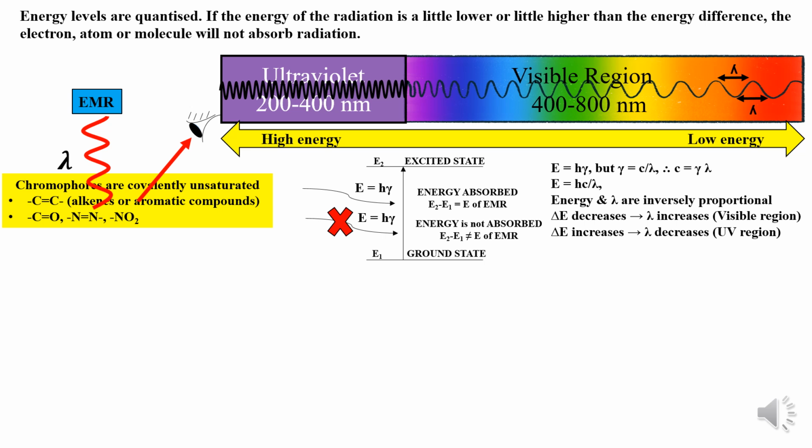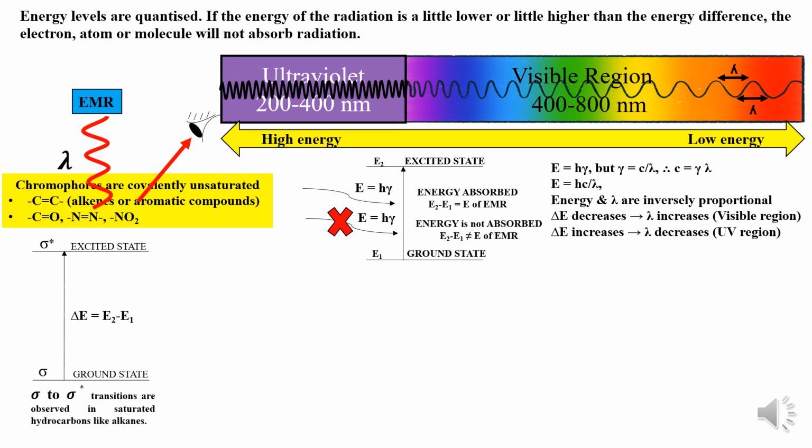So wavelength and energy are inversely proportional. In the visible region, energy decreases and wavelength increases. In the UV region, energy increases and wavelength decreases. Now the excitation of an electron is represented by the asterisk symbol.